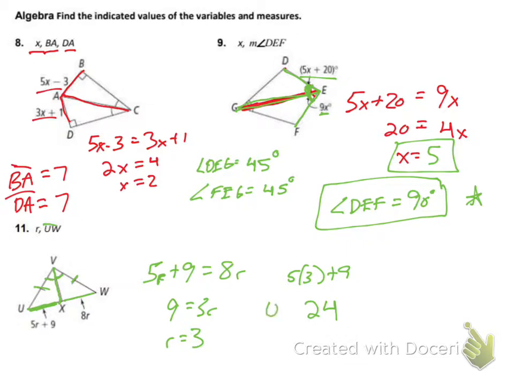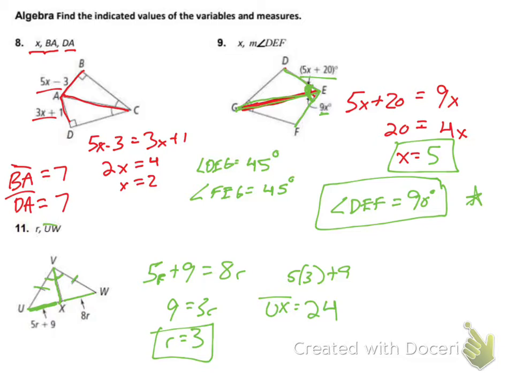So UX is equal to 24, unless I did that wrong, but I don't believe I did, because that'd be 15 plus 9. 15 plus 9 is 24, so UX is 24. I'm looking at the wrong answer key here, sorry guys. So yeah, so r is equal to 3, so we found that, right? Plug that in, I get UX is equal to 24.